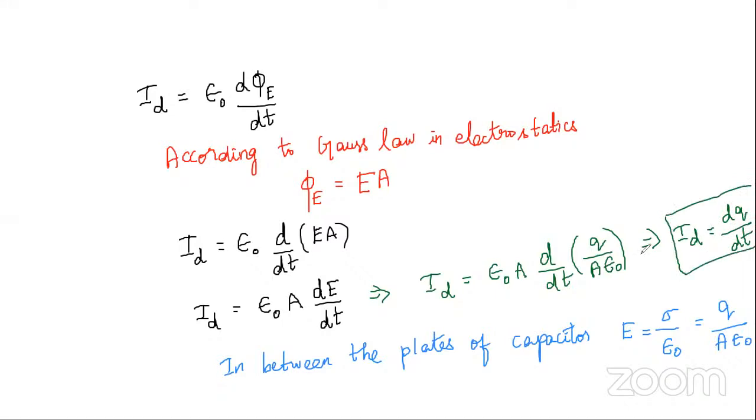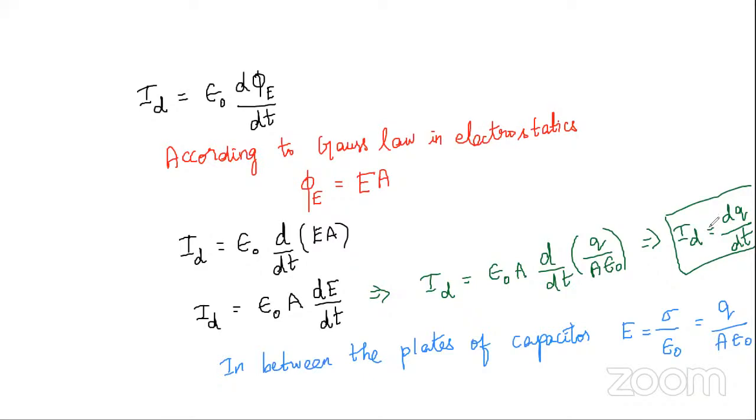How do we arrive at this equation? Here A into epsilon naught is constant, so it can be taken out of the differential. So A epsilon naught and A epsilon naught will get cancelled. So ID is equal to dq by dt.